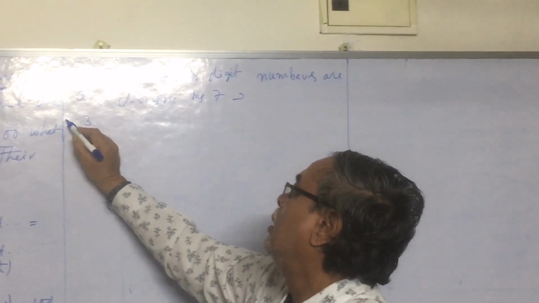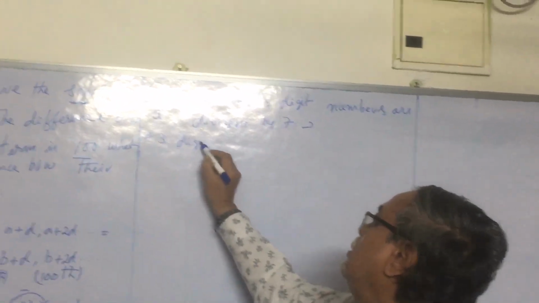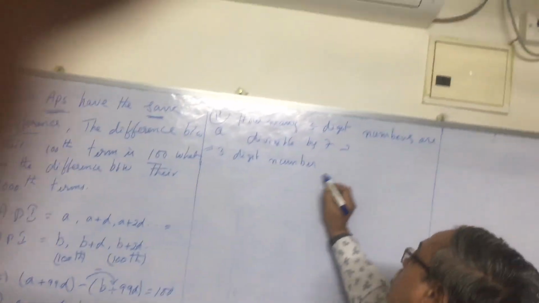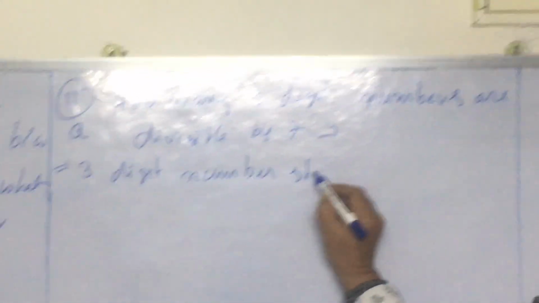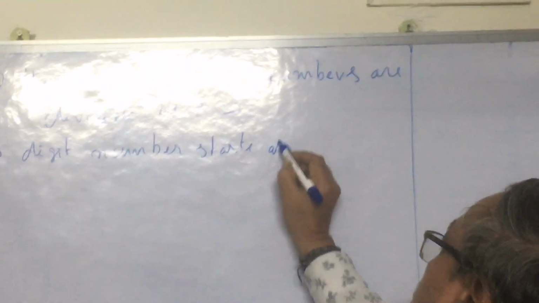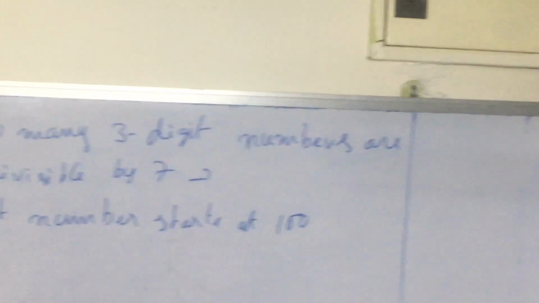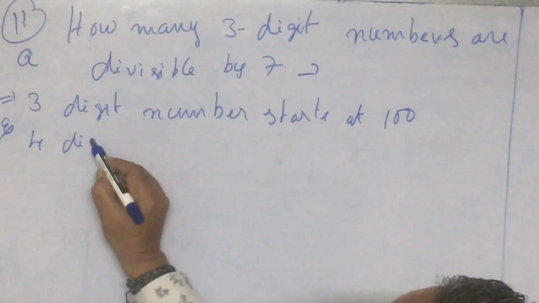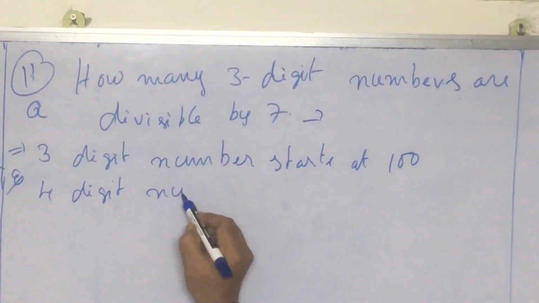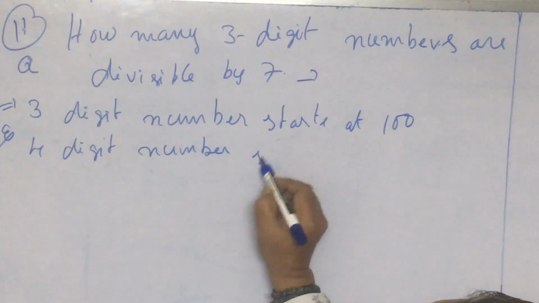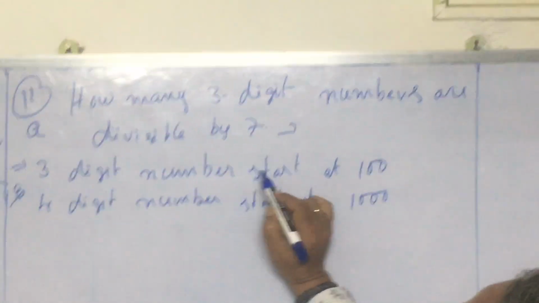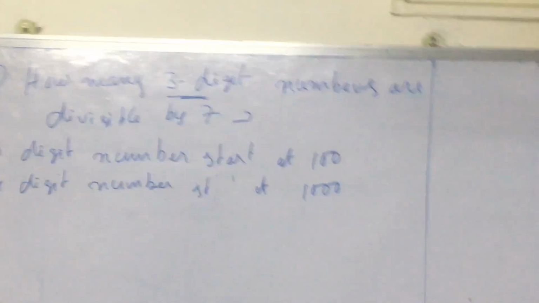Write it down simultaneously at home also. A 3-digit number starts at 100 and a 4-digit number starts at 1000. We have been asked for 3-digit numbers divisible by 7.